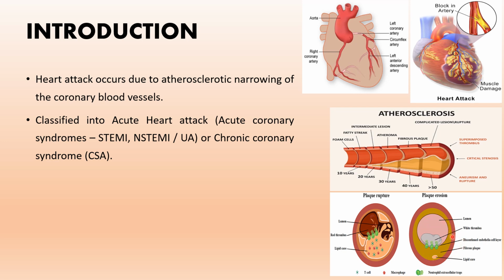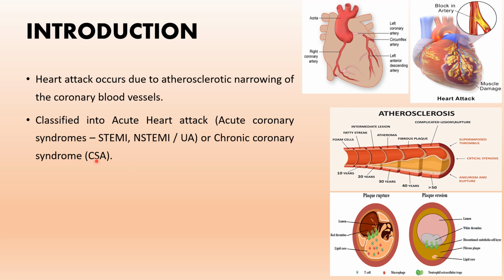And there is another mechanism called plaque erosion, where there is a slight tear in the intima, where the blood clot slowly accumulates and causes further narrowing of the blood vessel. This scenario is seen in non-ST elevation MI or unstable angina. But sudden plaque rupture and immediate clot formation appear in ST elevation MI.